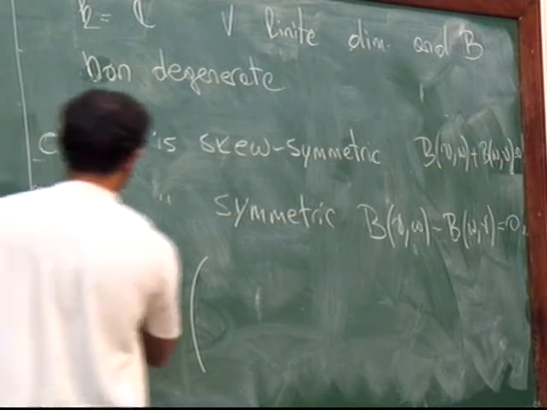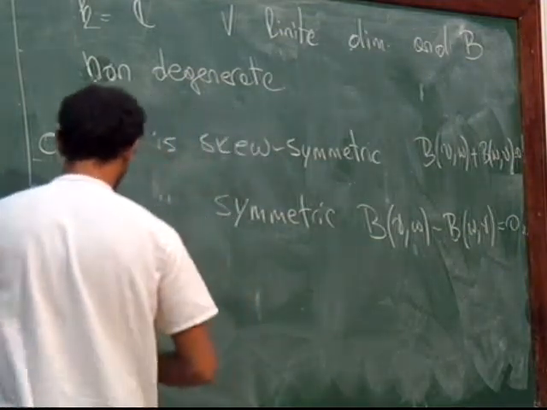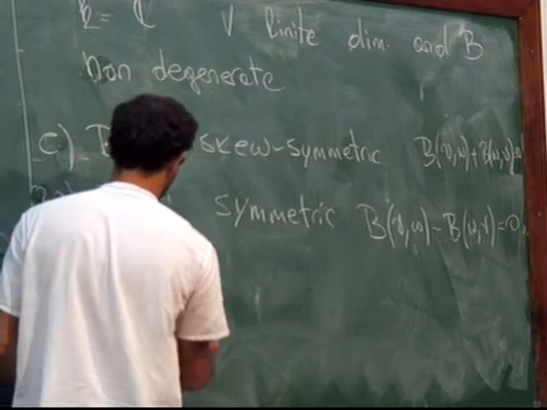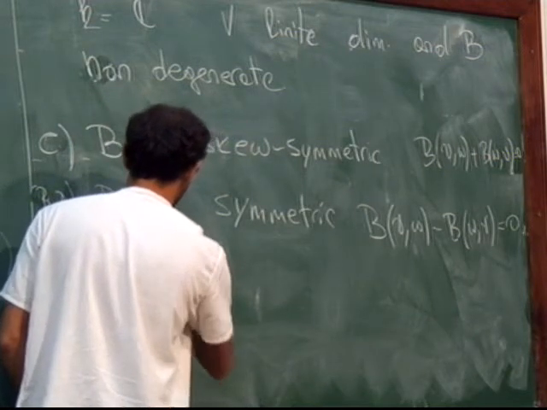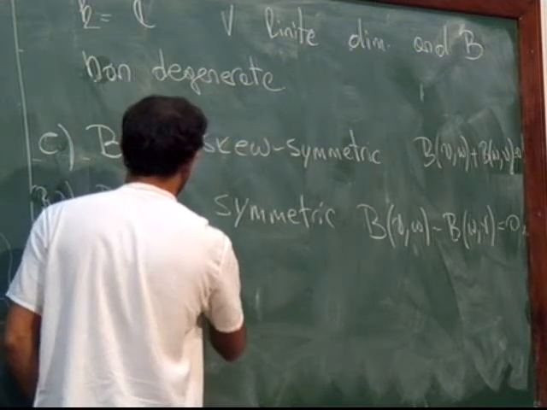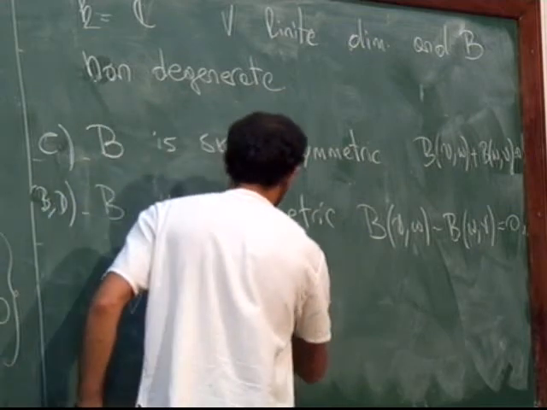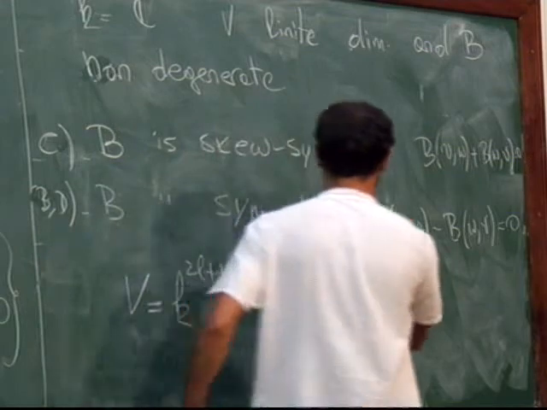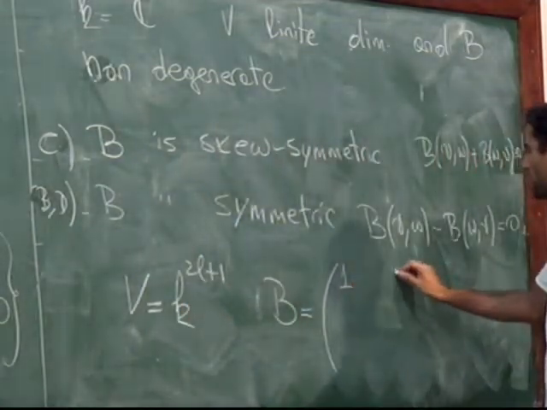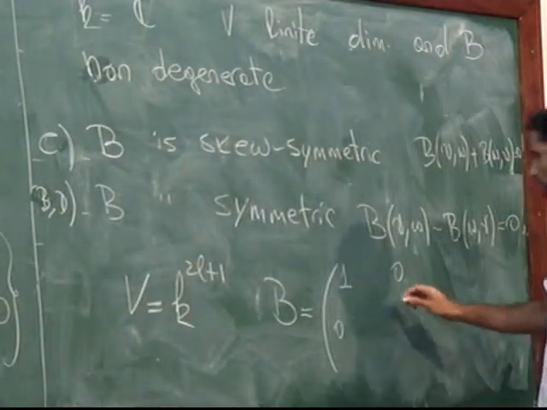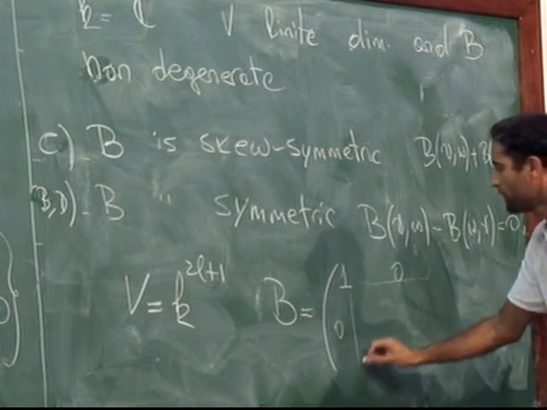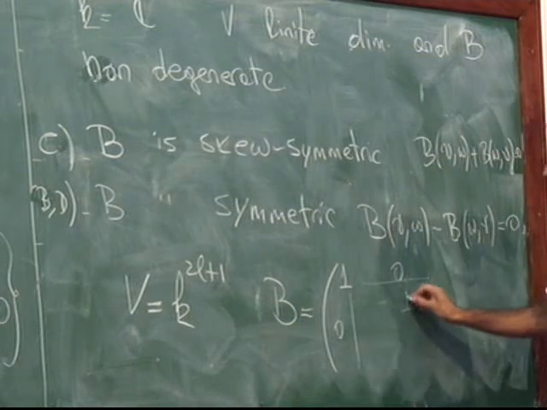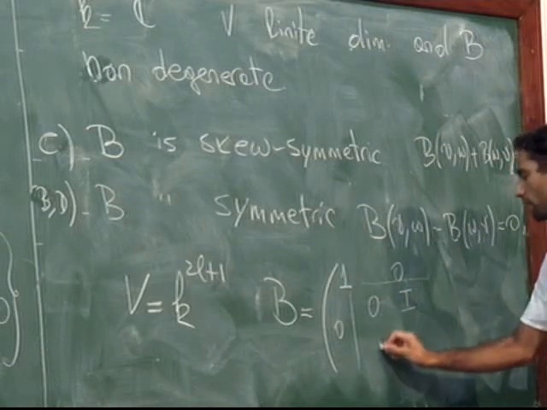So if V is K^{2L+1}, then we'll take the matrix for the bilinear form to be of the following form. We'll put a 1 here, 0, 0. Here now we have a 2L by 2L matrix, and inside of here we'll take I, 0, 0, I.